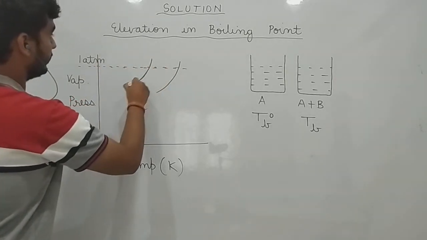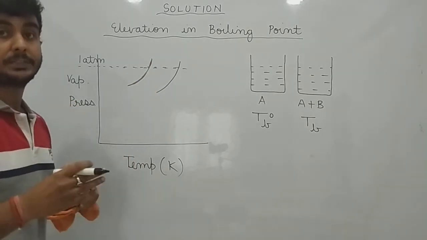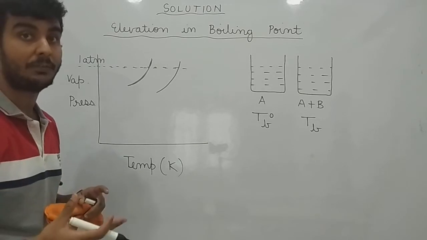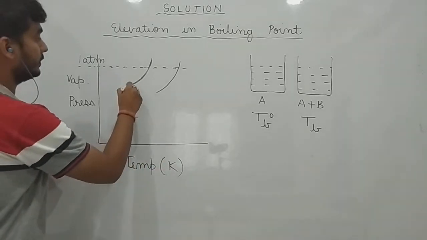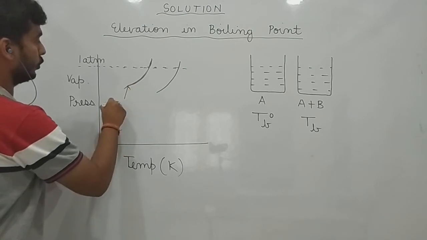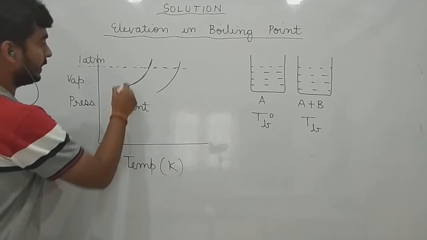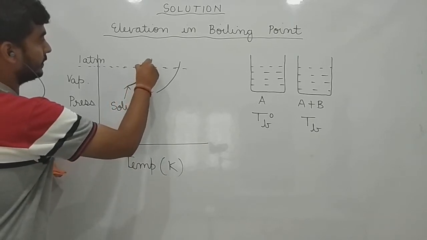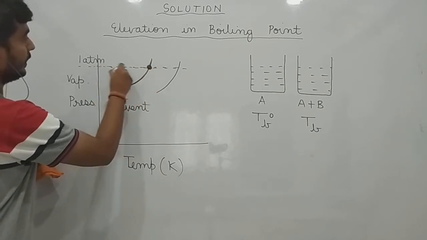So this curve represents what? This curve represents vapor pressure of what? Solvent with increase in temperature. So as you can see, as the temperature increases, vapor pressure increases, and at some specific point, this vapor pressure becomes equal to what?